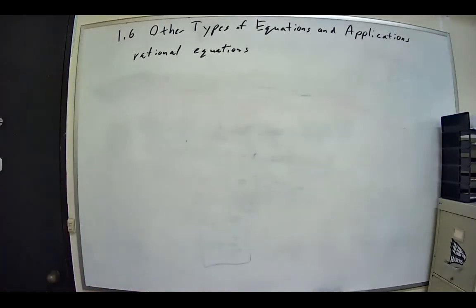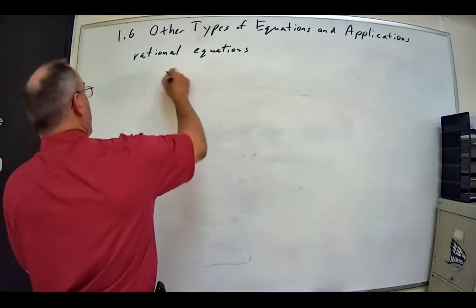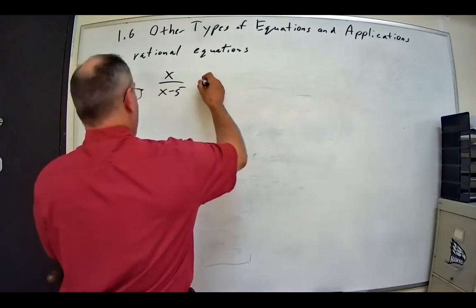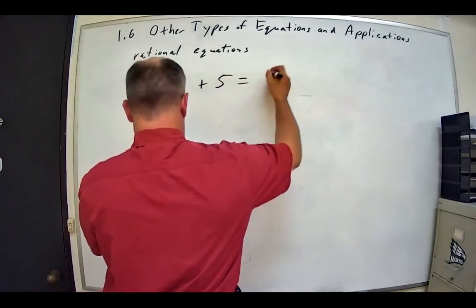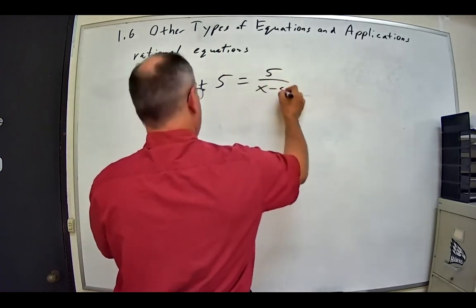Let's try another one. X over x minus 5 plus 5 is equal to 5 over x minus 5.